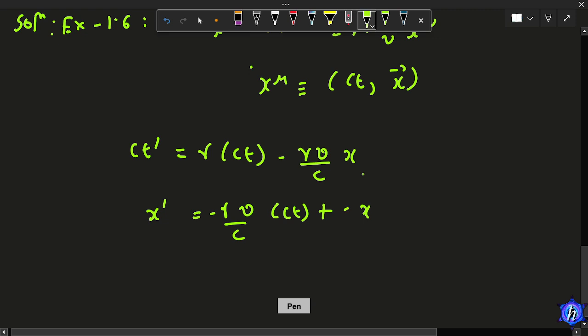This is gamma, and y dash is just y, and z dash is just z. There's no change in y and z.